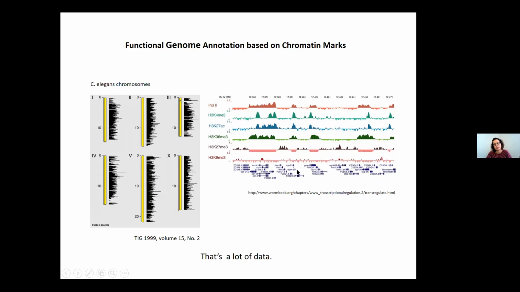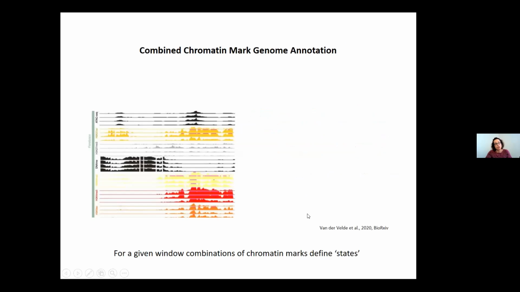And this, again, like the weather data, is a lot of data, and we somehow need to make sense of it. So people realized quite early on that some chromatin modifications tend to go together, like the ones here at the bottom. So these are different histone modifications that are plotted here, whereas others seem to be mutually exclusive.